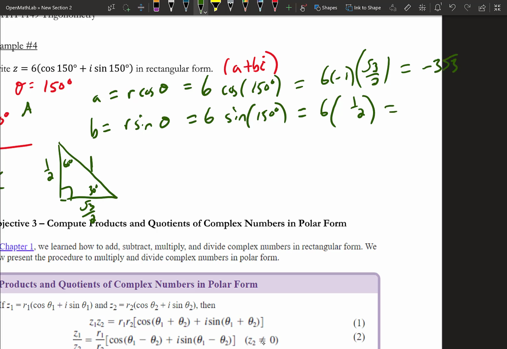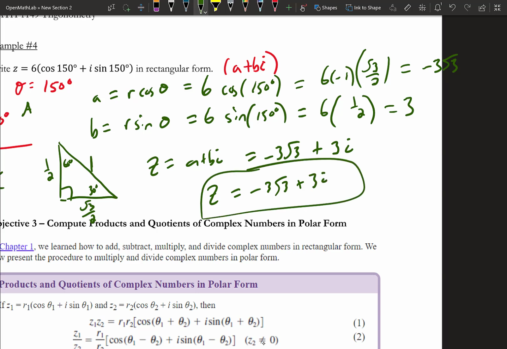And b would just be 3. So then z equals a plus bi, which is equal to negative 3 radical 3 plus 3i, just plugging in those values for a and b. So z equals negative 3 radical 3 plus 3i is what we were after.